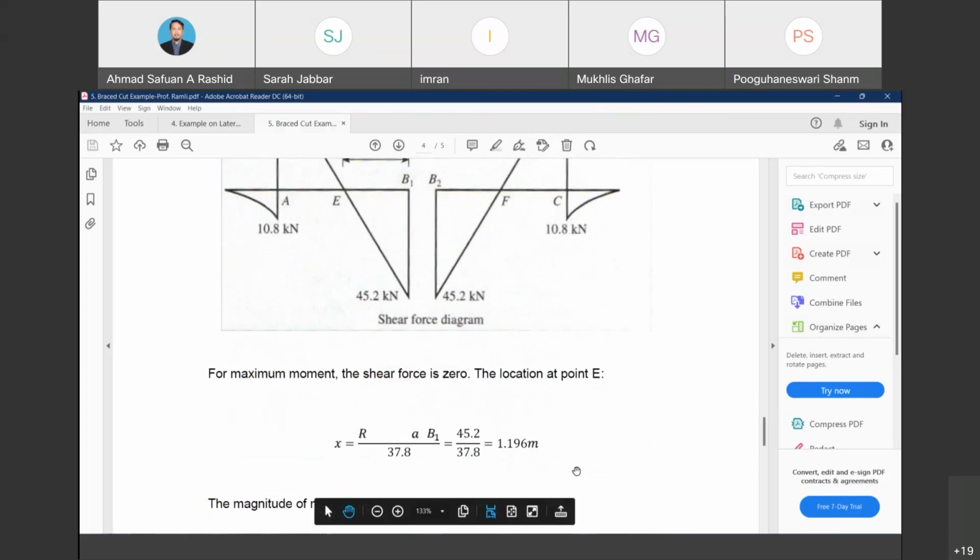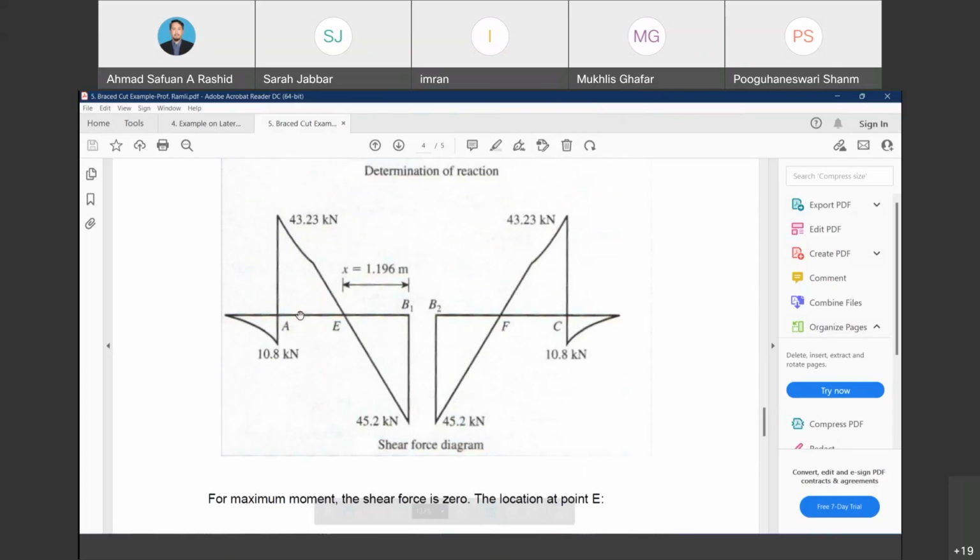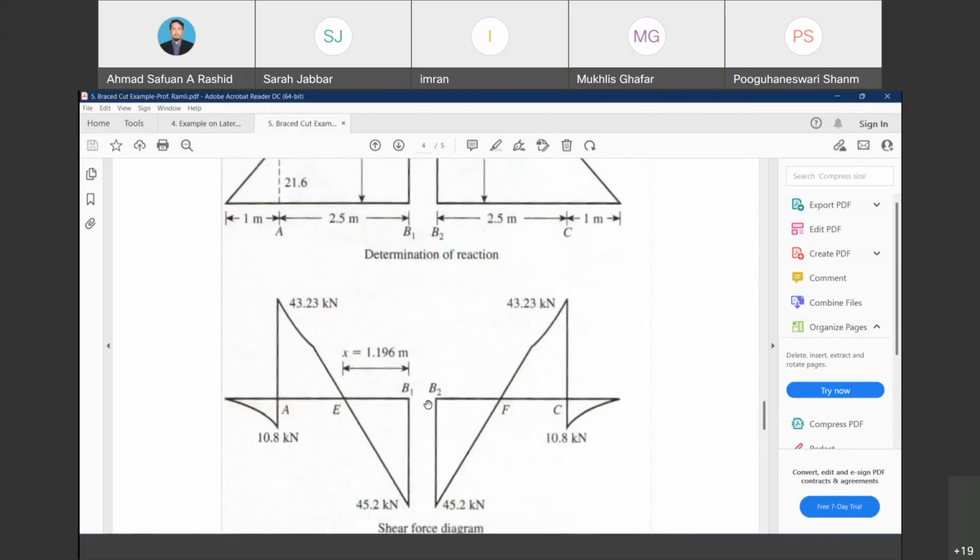But I am also not familiar with this equation. Normally we use a simple triangle law. For example, we know the distance between A to B, which is 2.5. So this EB will become X.